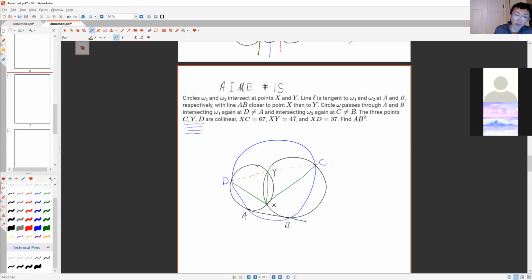Next it says CB, XY, and so we can use the radical center theorem, or the radical axis theorem, which says that the radical axis of these two, the radical axis of these two, and the radical axis of these two will be concurrent, say at point P. So we need to find AB squared.